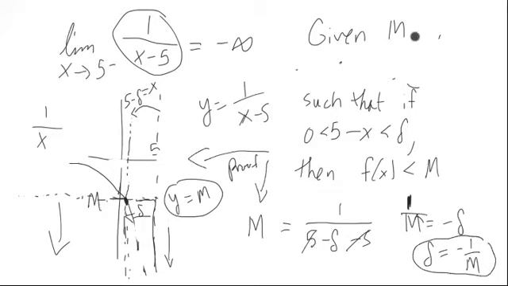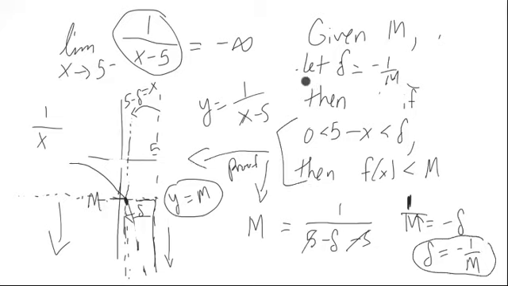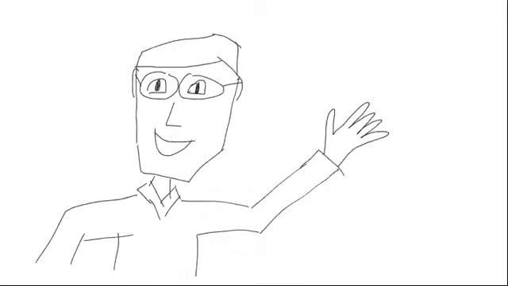Given m, we say let delta be equal to negative 1 over m. Then, if this holds, then that, and that's good, and the verification is right here, and we're done. Thanks for watching.